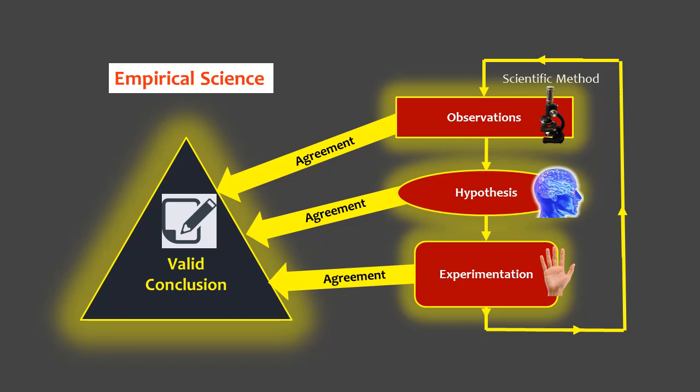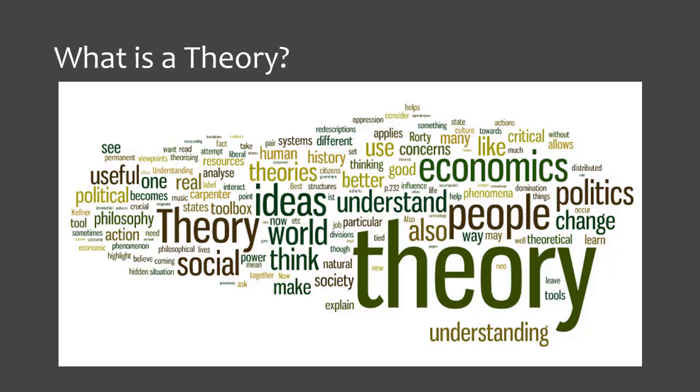So by having observations, hypothesis, and experimentation that are all in agreement with each other, and also generally considered to have to be replicatable, then it can be considered a valid conclusion. One of the most important reasons why this is mentioned is in many cases this is not what is found in what is purported as being scientific fact.